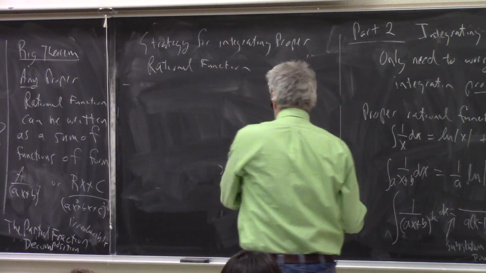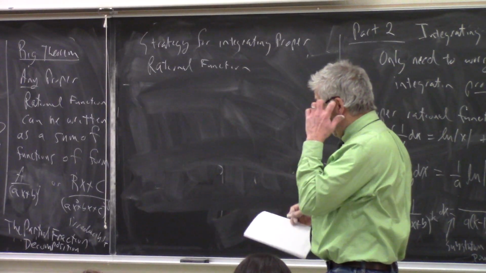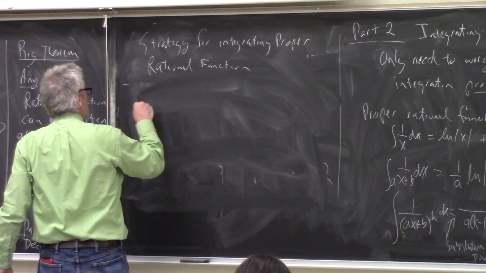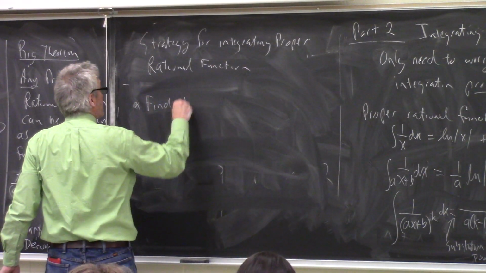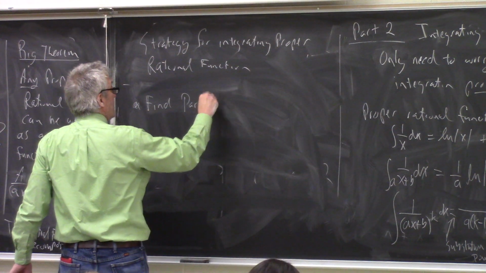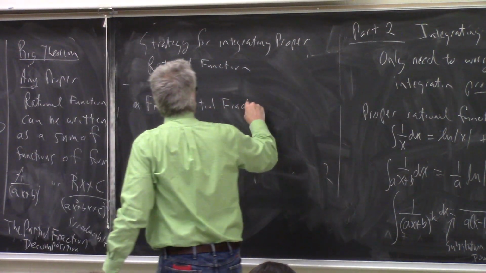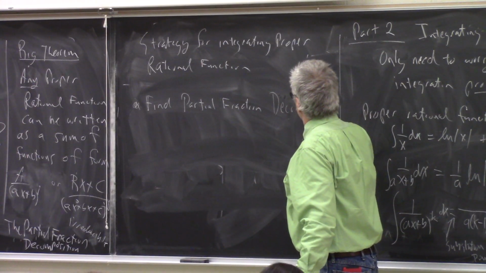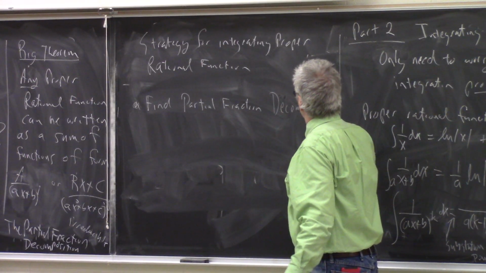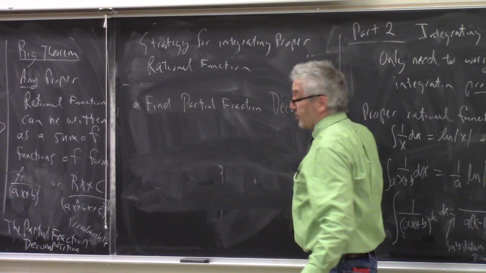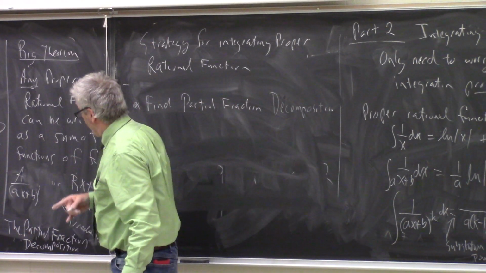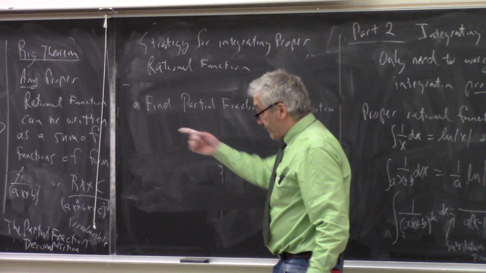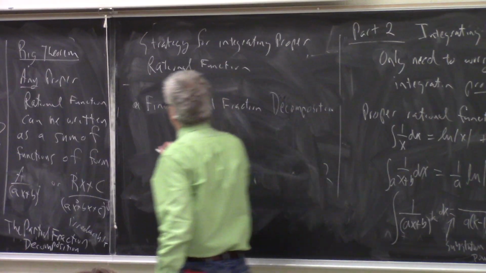So a strategy for integrating a proper rational function is to find the partial fraction decomposition. So in other words, you rewrite your given rational function as a sum of things that look like this, and then integrate that thing using our existing techniques.